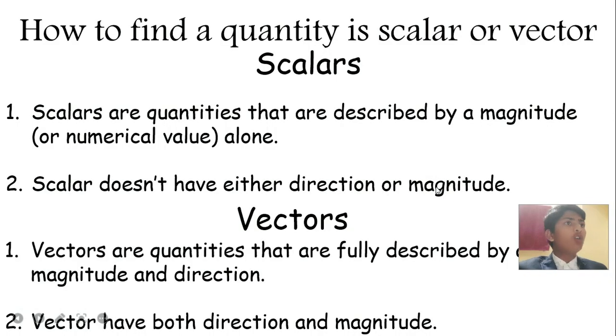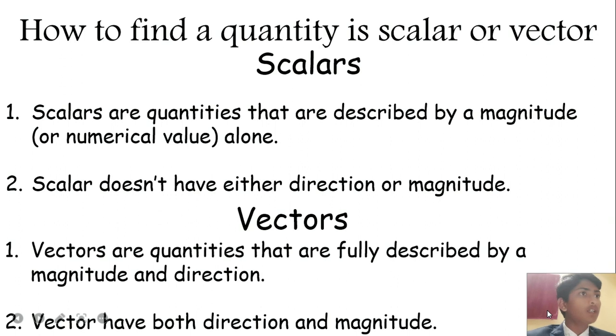Now, how to find whether a quantity is a scalar or vector. If they give any quantity, for example speed, how will you find whether speed is a scalar or vector? These two points from scalars and two points from vectors can help you find the result.